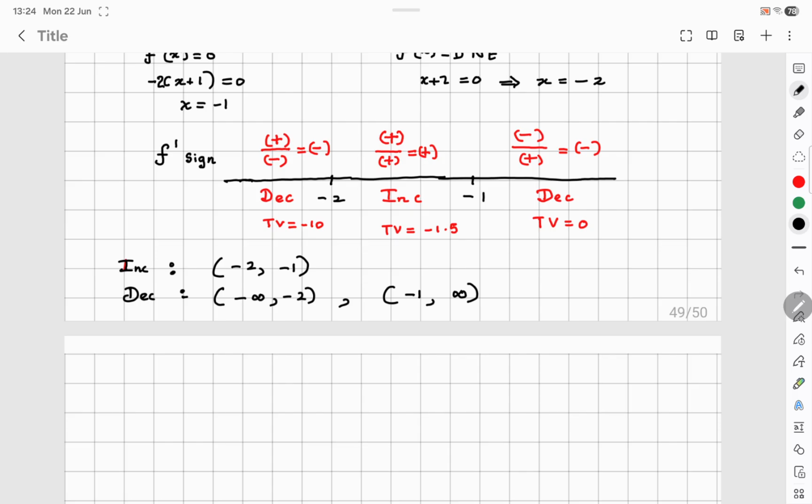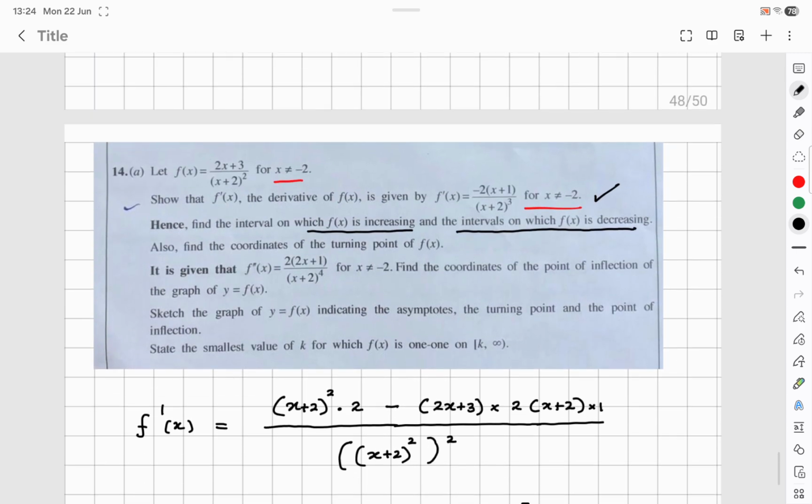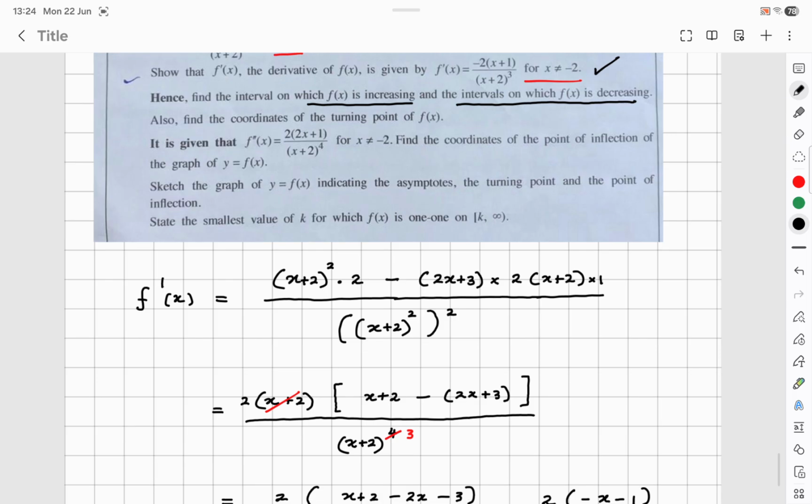So it is decreasing in those two intervals and increasing between minus 2 and minus 1, right? So that is done.